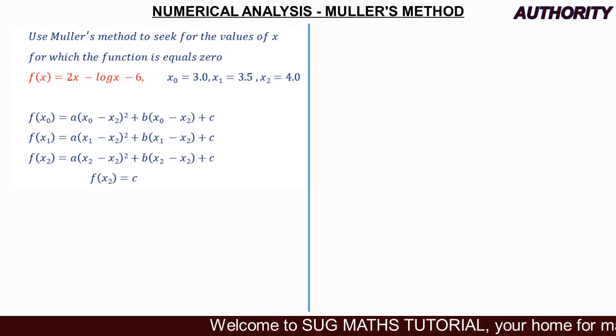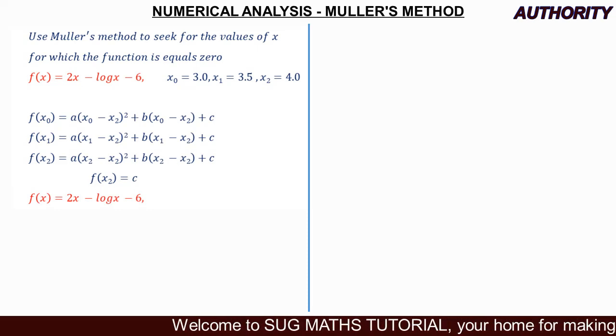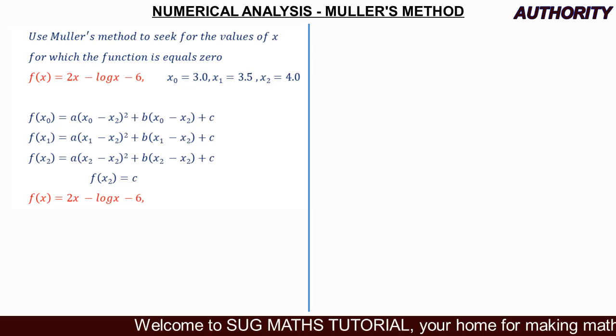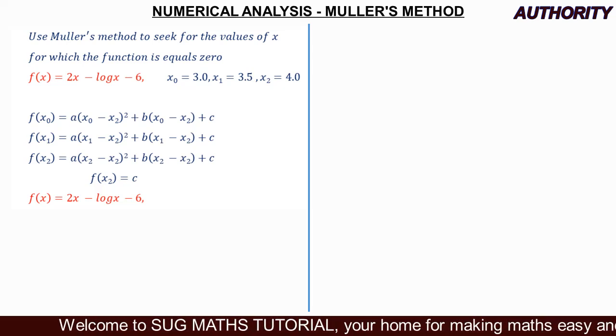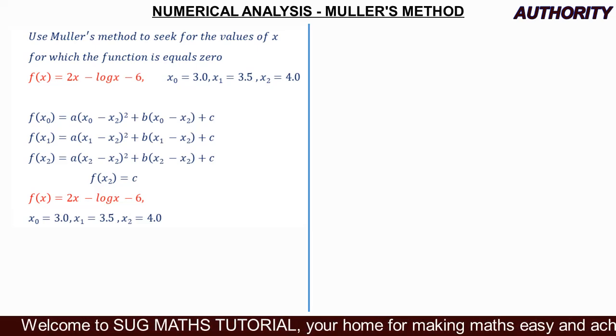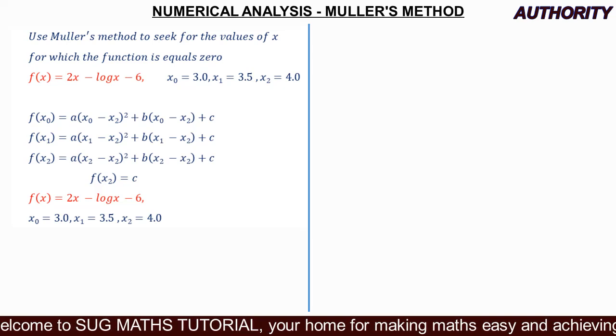f of x is what? 2x minus log x minus 6, isn't it? Let's find f of x naught. The values we have: x naught is 3, x1 is 3.5, and x2 is 4.